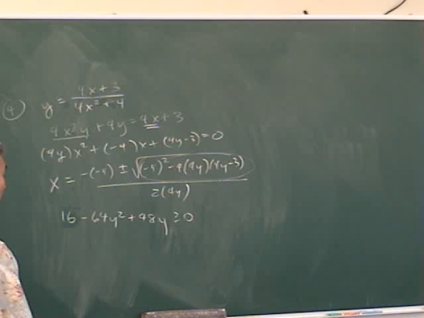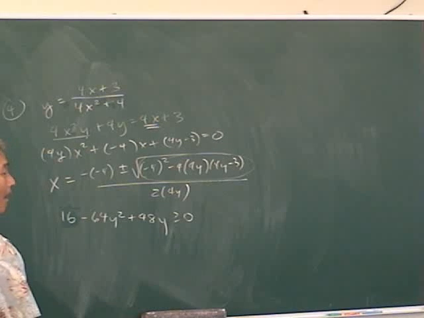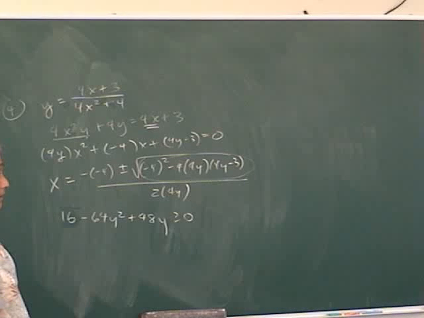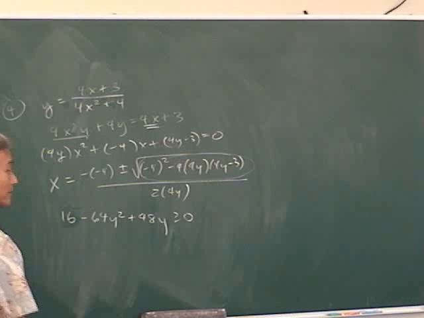If you were smart, you would reduce by, what number goes into all of these? 4. 16.